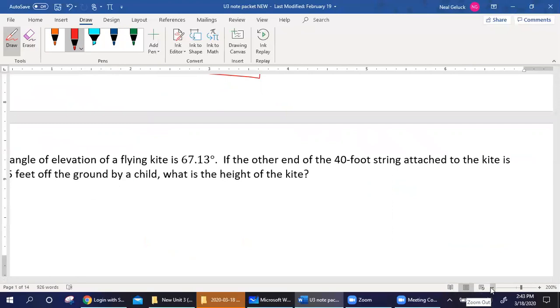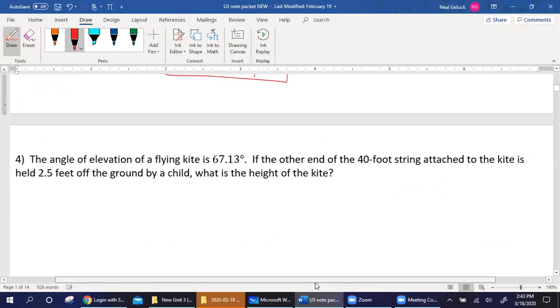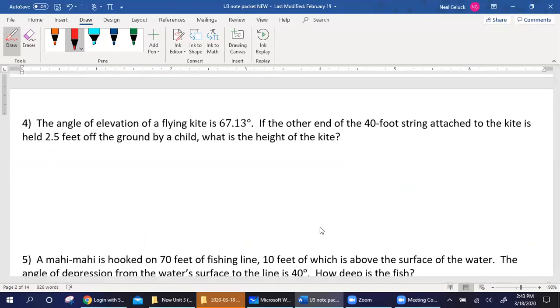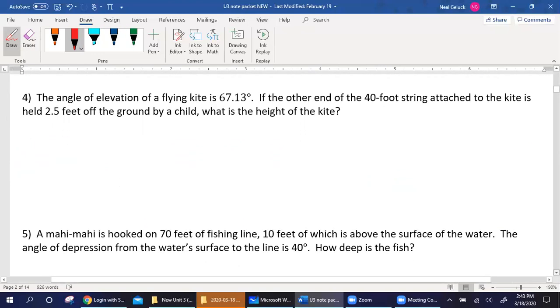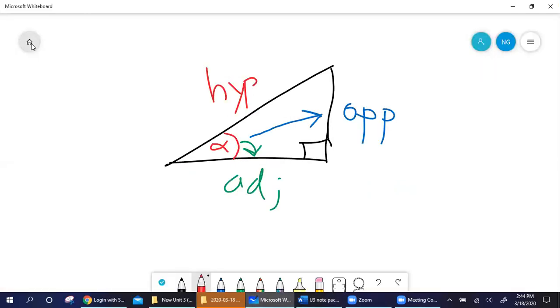On the back side here, we have some word problems. And the big thing on the word problems is correctly drawing them. So number 4, the angle of elevation of a flying kite is 67.13. Actually, I'm going to bring this up so I can do full screen of drawing.